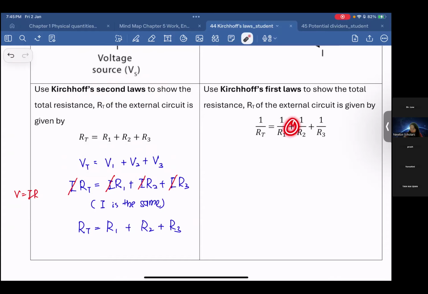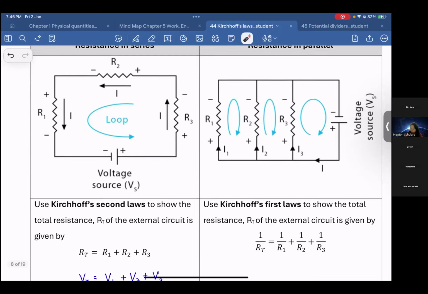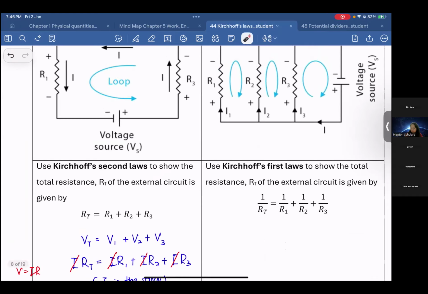Here you see the sum again. So you ask yourself, in a parallel circuit, does V or I need to be added together? The answer is current will be added together. Conservation of charge: Kirchhoff's first law says that the current in and out should be the same. So we use the current, starting from the current, to prove how we calculate the total resistance.